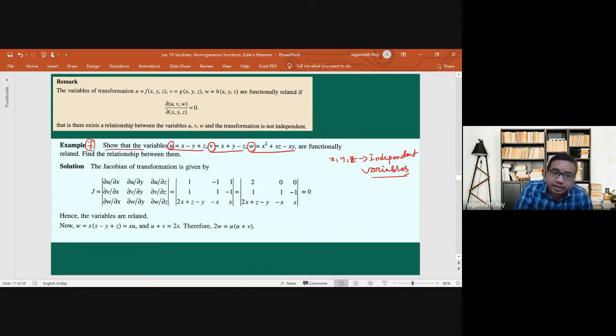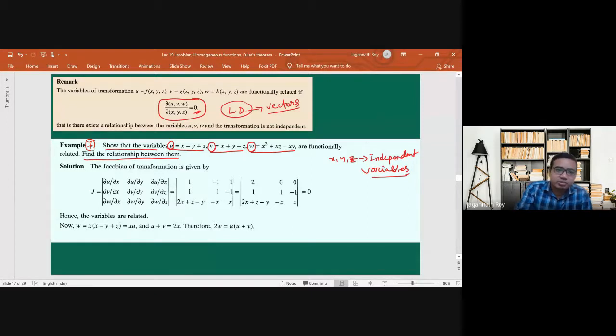We have to show that these functions are related. Here we do not say linearly dependent, because that was for vectors. Here we say they are functionally related or dependent. If they are functionally related, then the Jacobian will be 0. After this, we have to find the relationship between them.